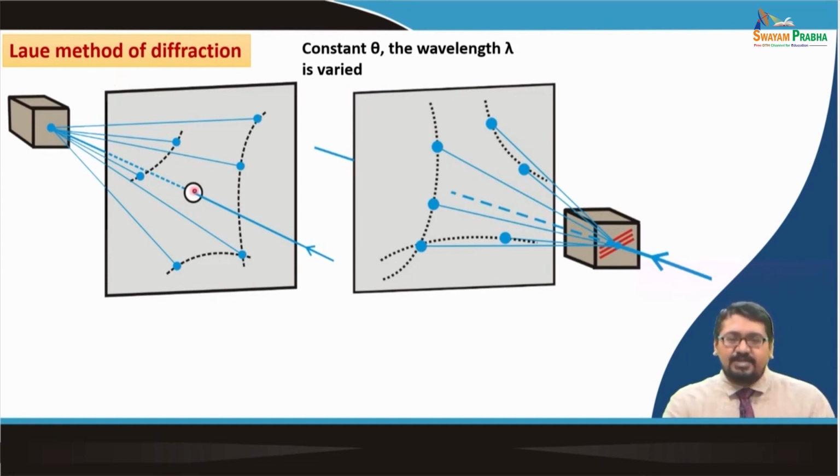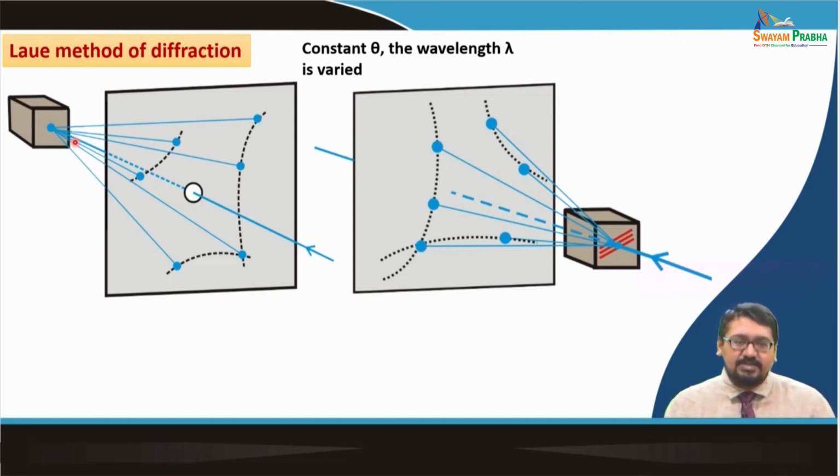During the time when X-rays had just come into existence, Laue used a method where he used X-rays to diffract a single crystal, and this diffraction was done in such a way that the wavelength of the X-ray is varied. That is why it is not monochromatic, it is continuous X-rays, and theta is kept constant.